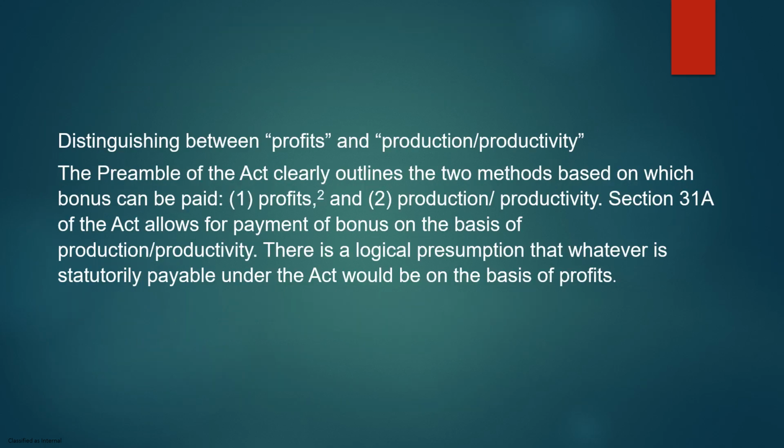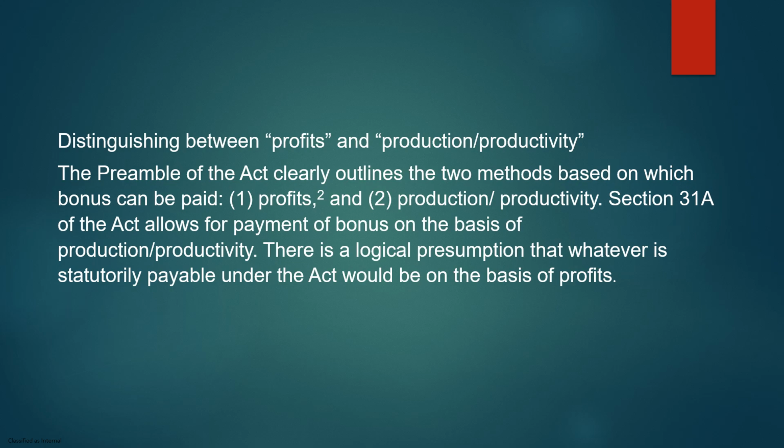Now, what was dealt with before 1976? It was based upon the profit. There was no productivity. An employee works in a company and doesn't care whether the employer is getting profit or not.